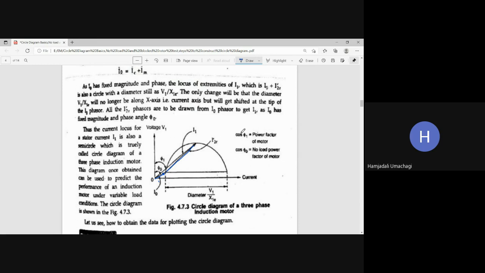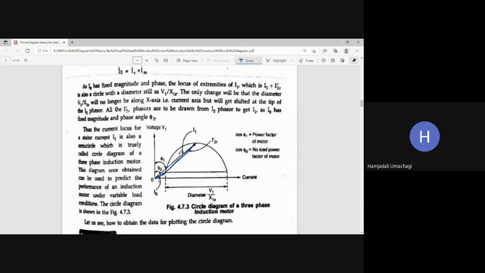And now, the angle between the current I naught and voltage V1. Here voltage V1 is along the y-axis, and along the x-axis we are going to take the current. So the angle between I naught, the no load current, and V1 is nothing but the power factor angle. Since the current phasor is I naught and the voltage is the stator voltage V1, the corresponding no load power factor angle is phi naught.